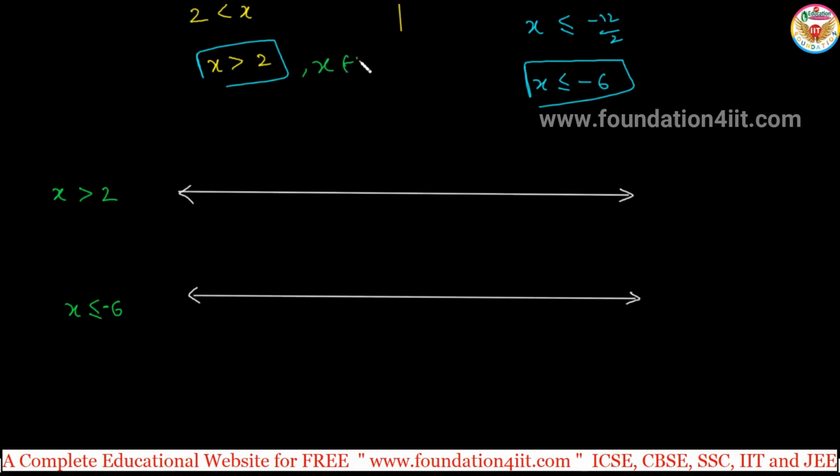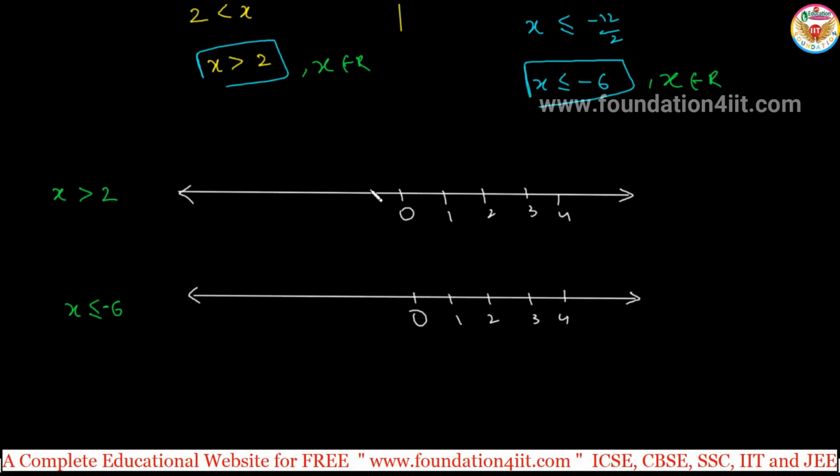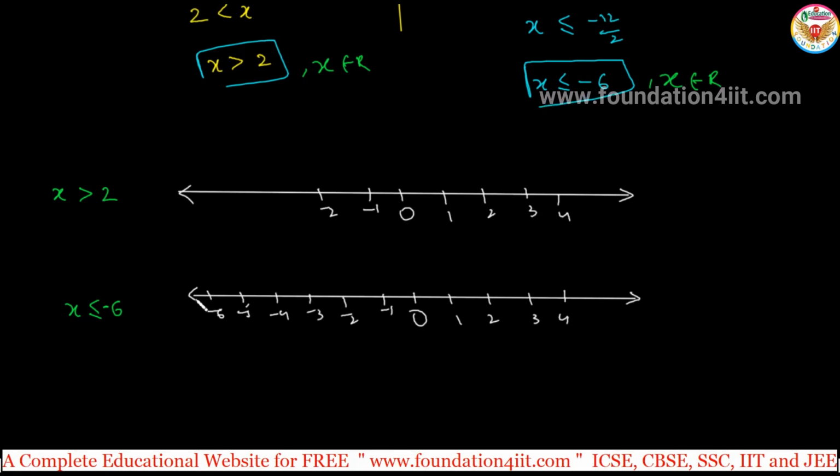On the positive side, 0, 1, 2, 3, 4, and the same on the other side, minus 1, minus 2, minus 3, minus 4, minus 5, minus 6, and one more like minus 7, because the value is given here.